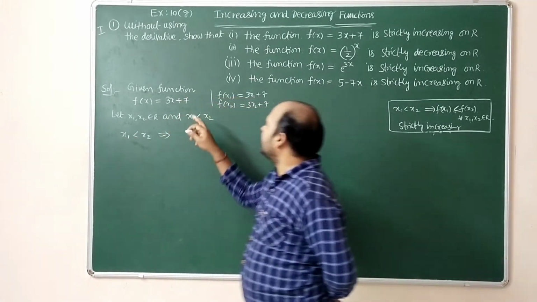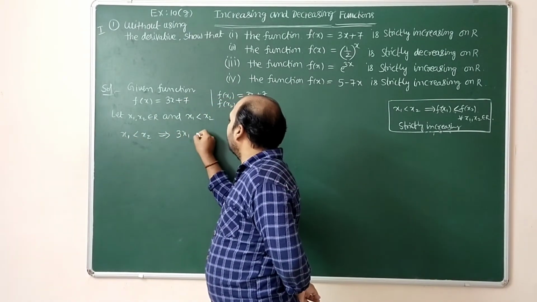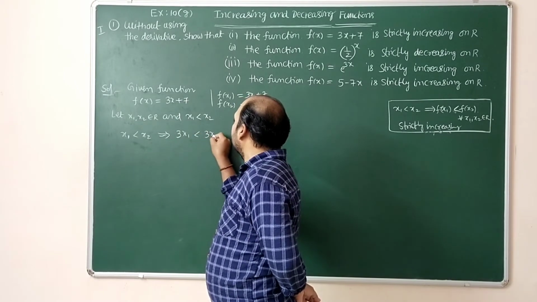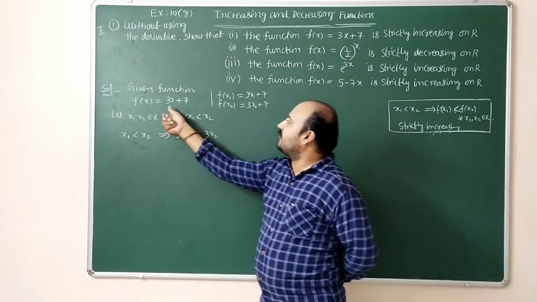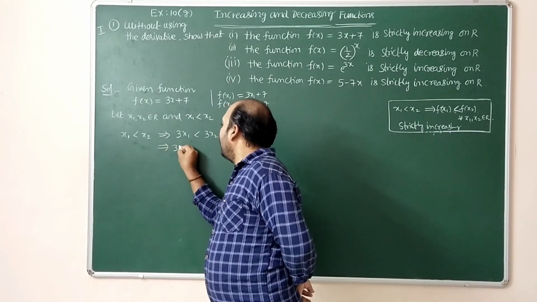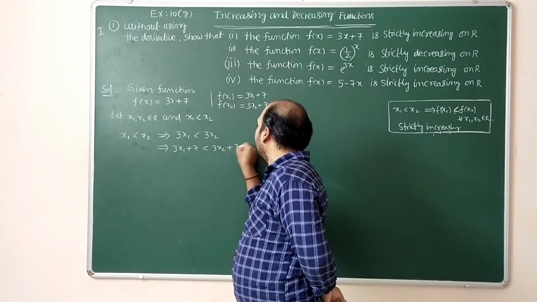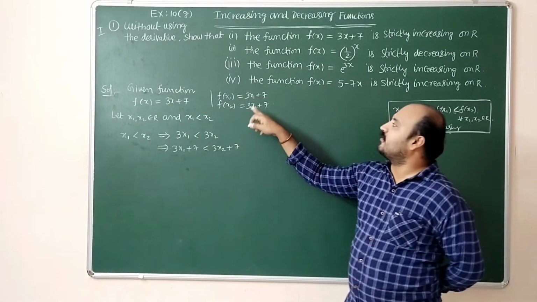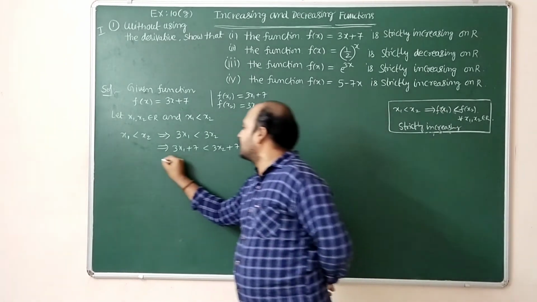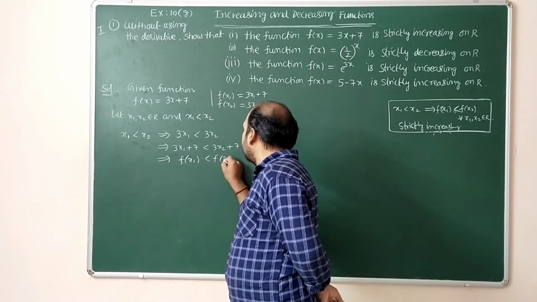So x coefficient is what here? 3. Multiplying on both sides by 3: 3x1 is less than 3x2. To get the function, adding 7 on both sides: 3x1 plus 7 is less than 3x2 plus 7. 3x1 plus 7 is f of x1, 3x2 plus 7 is f of x2. Therefore, f of x1 is less than f of x2.